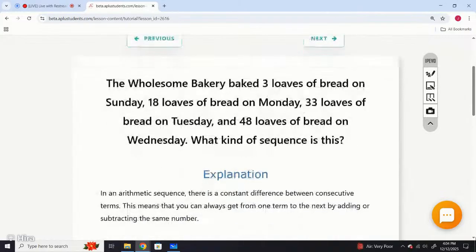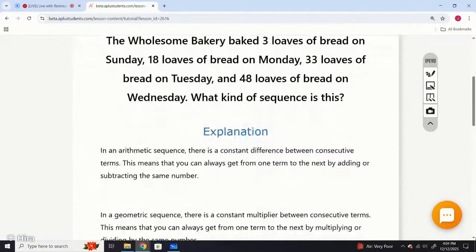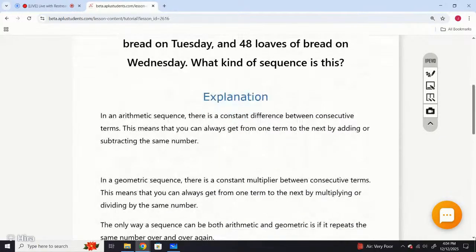So, what is an arithmetic sequence? In an arithmetic sequence, there is a constant difference between consecutive terms. That means that you can always get from one number to the next by adding or subtracting the same number, right? In a geometric sequence, there is a constant multiplier between consecutive terms.